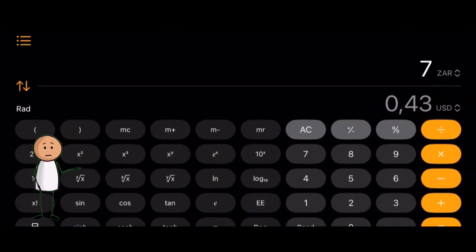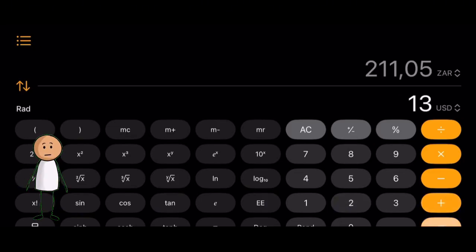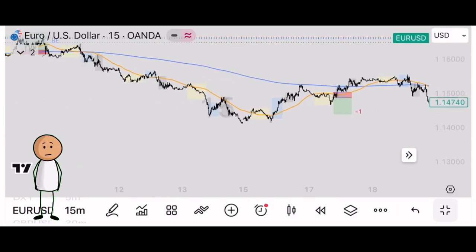Is it? Let's see what I calculated. So you can use the calculator right here. 4 + 3 + 4 + 2, that's 13. Yeah, so 13 RR from wins.